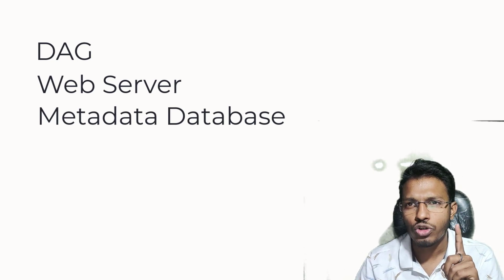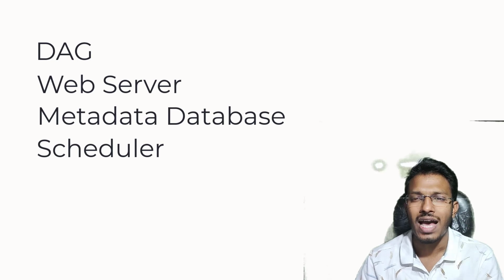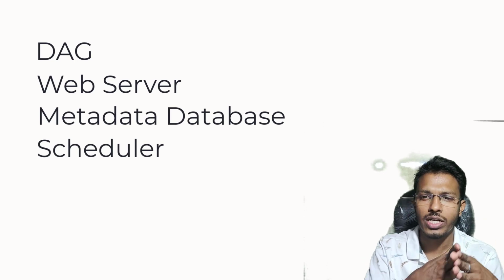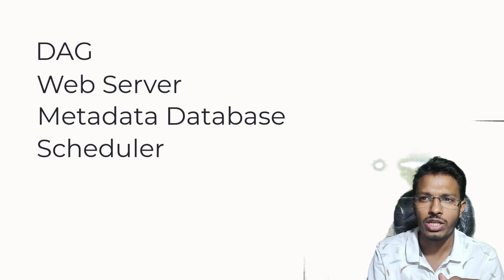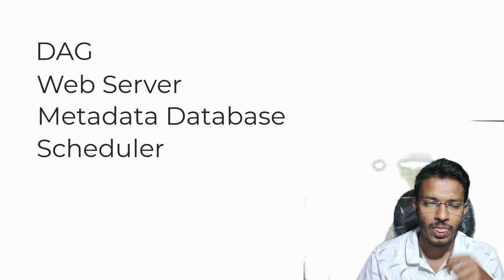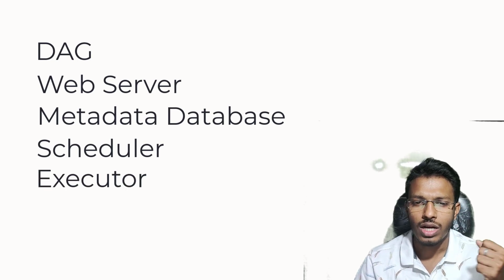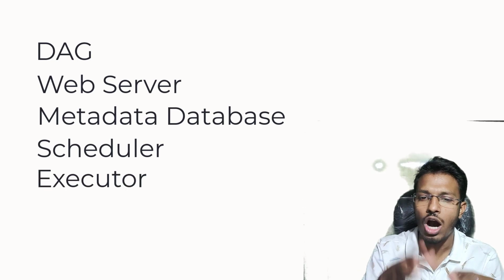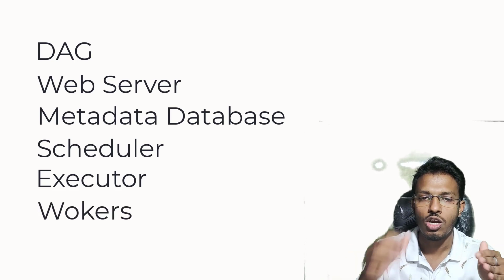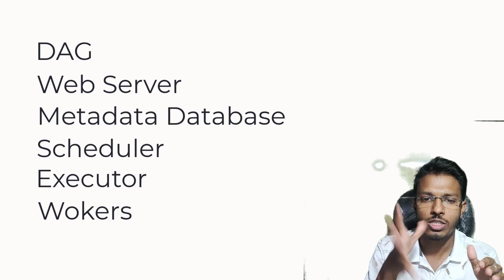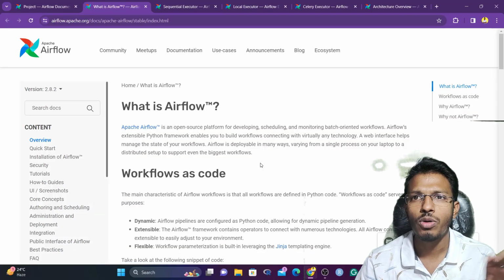There is one more thing, the scheduler. As the name suggests, this component is responsible for scheduling the execution of your DAG, and it retrieves and updates the status of the tasks in the database. Next is the executor, the class defining how your tasks will be executed. And there are workers, which are the processes or sub-processes executing the tasks. This is all about Airflow.